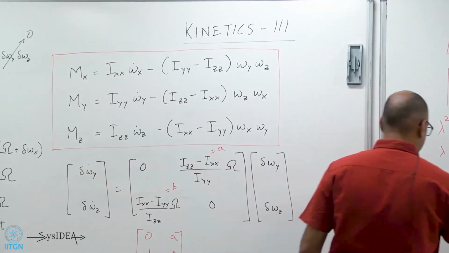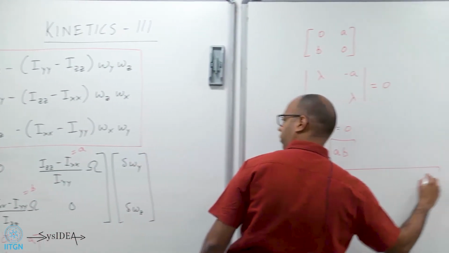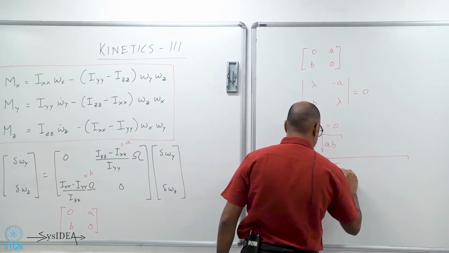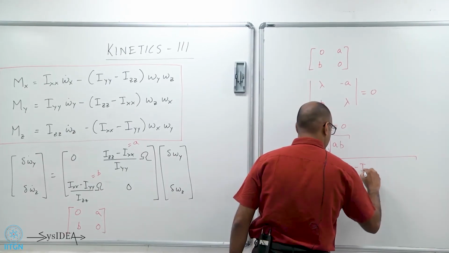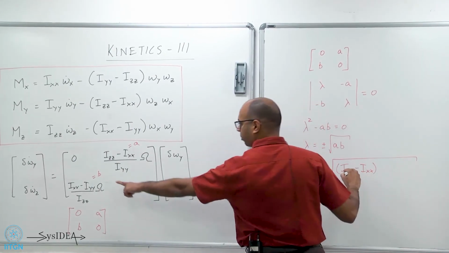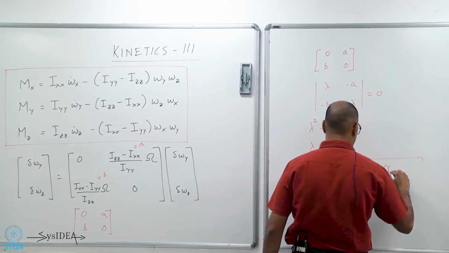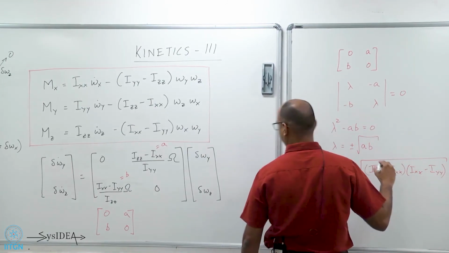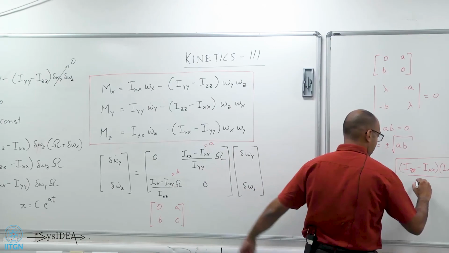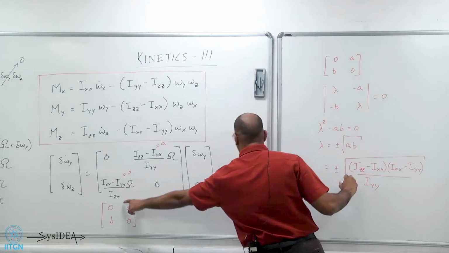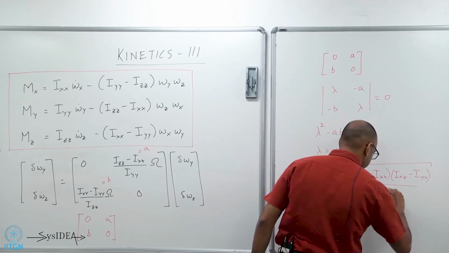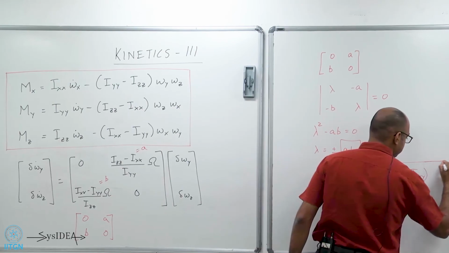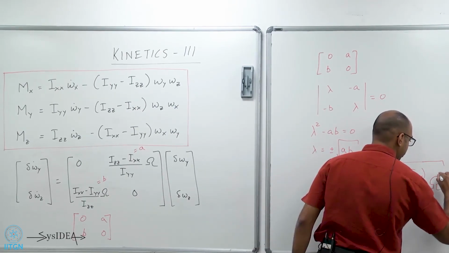We will get plus or minus square root of (Izz minus Ixx) multiplied by (Ixx minus Iyy) divided by Iyy and Izz, and I have two omegas here, so I have this whole thing multiplied by Omega squared.